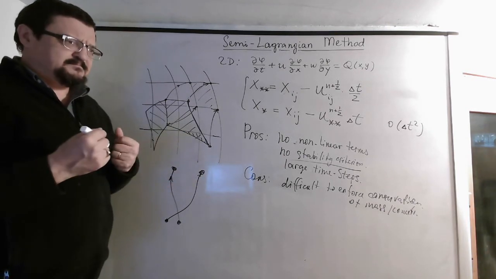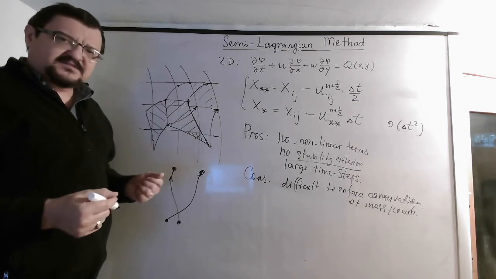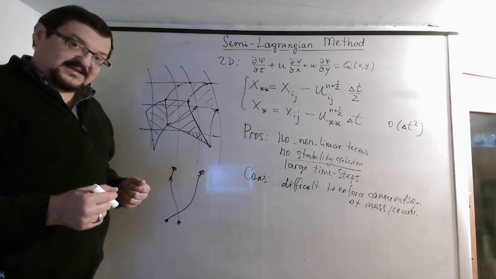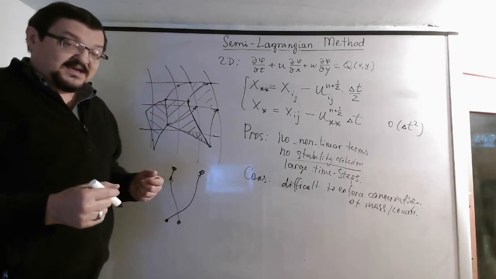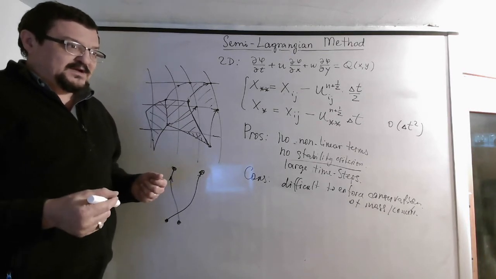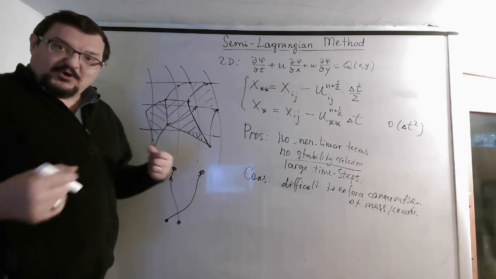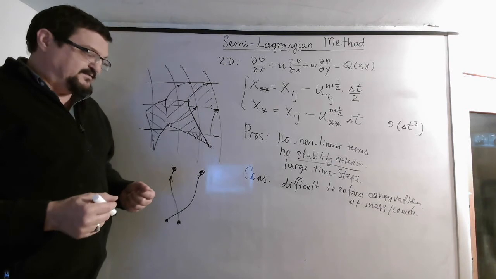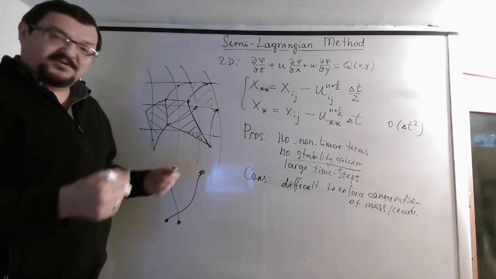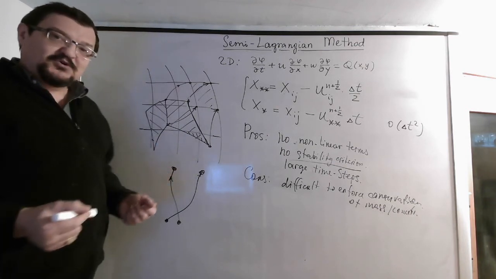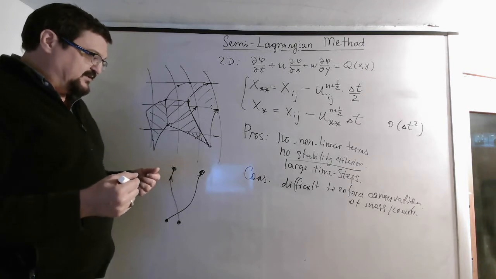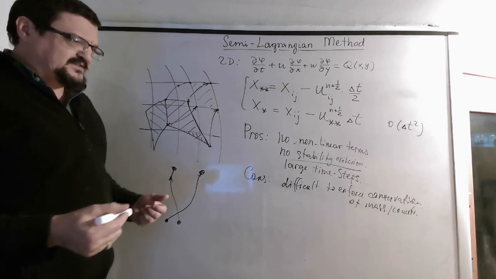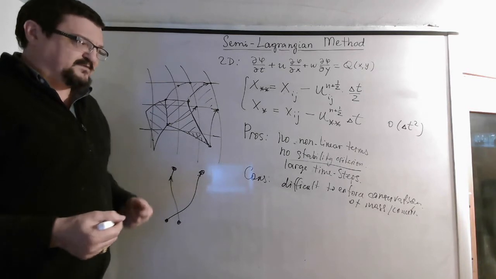So there are several methods of enforcing that. And they involve very complicated code. Sometimes even to the point that you need to solve an elliptic equation, a global elliptic equation for your whole domain, for certain parameters, to make sure that your velocity field, your trajectories, don't intersect, which is additional performance time.